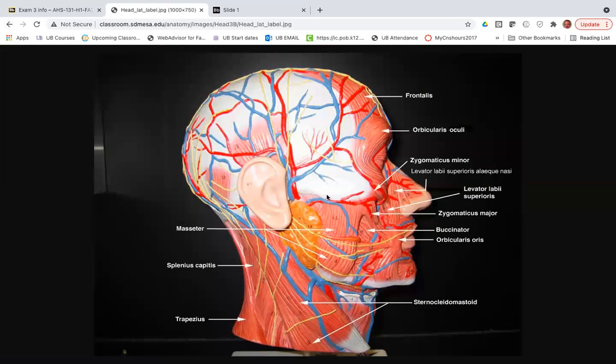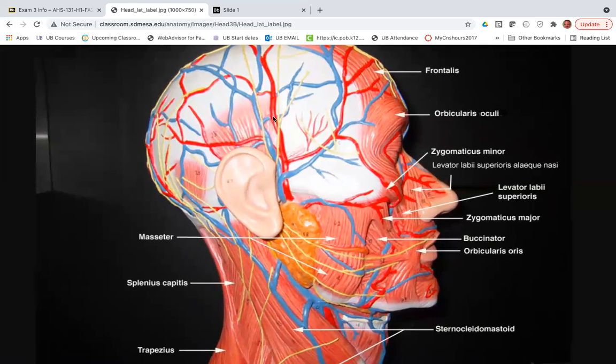And from the side view, here is the auricularis. Here's the parotid gland. Here's your masseter. Here is your buccinator. Here's the risorius. Here's the levator labii superioris.